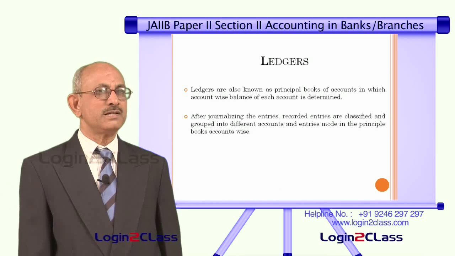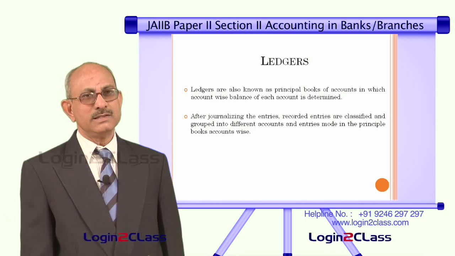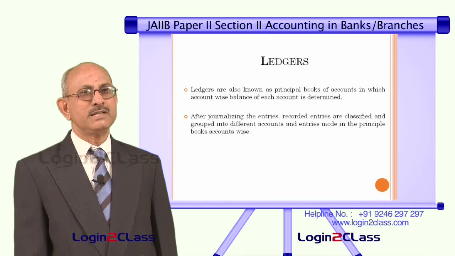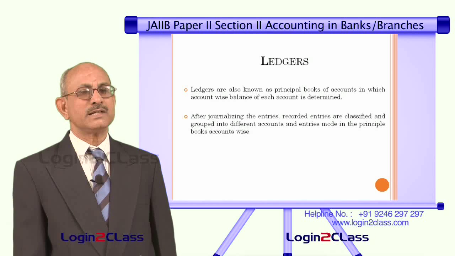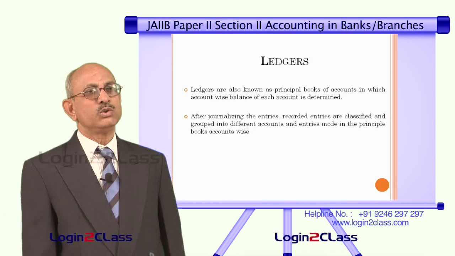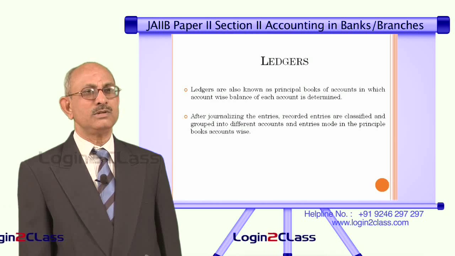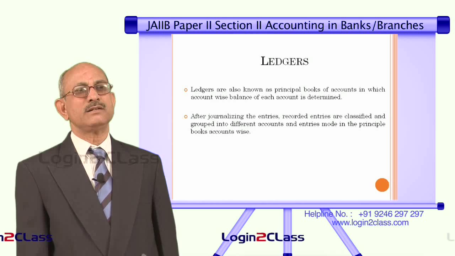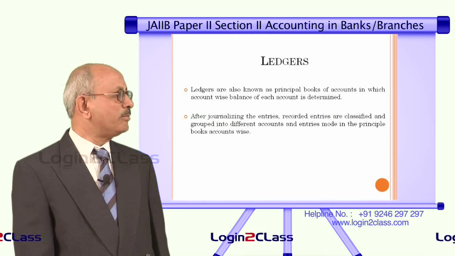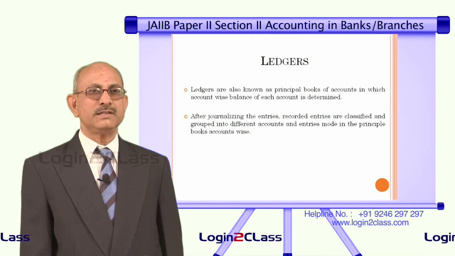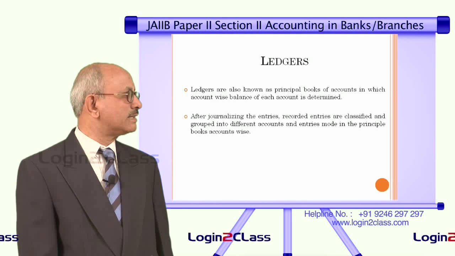For example, in the first example which we considered under journalization, we said purchase goods for cash. There purchase account and cash account are affected. So one debit is taken to purchases account and credit side is taken to cash account. That means only one leg of a transaction which is recorded in the journal appears in each ledger account.